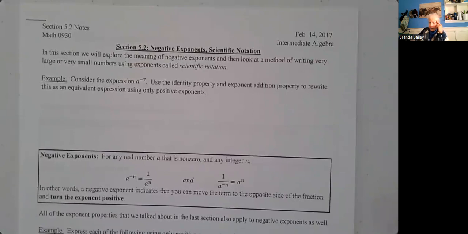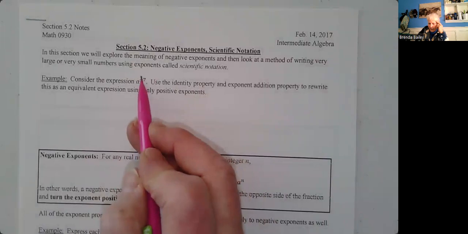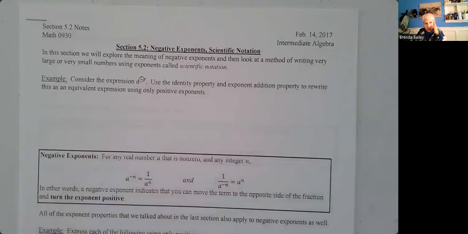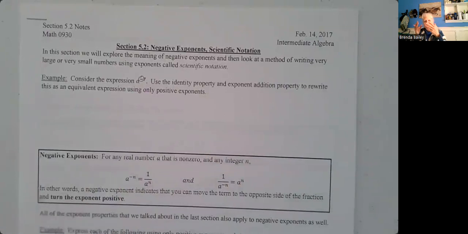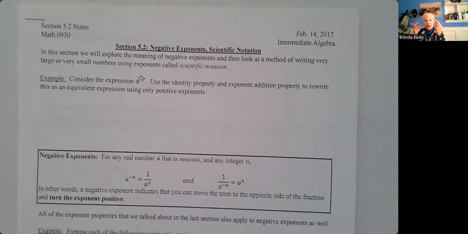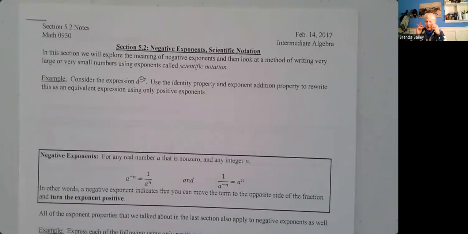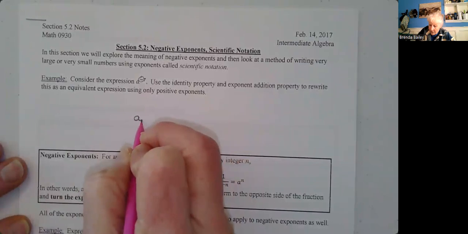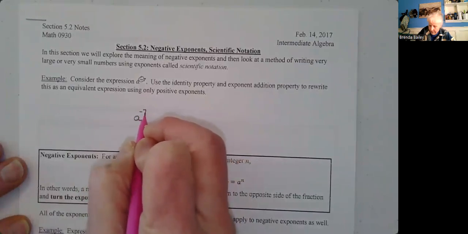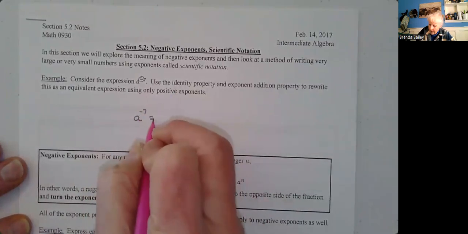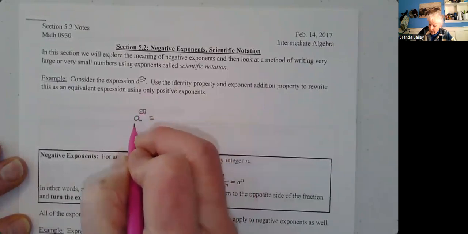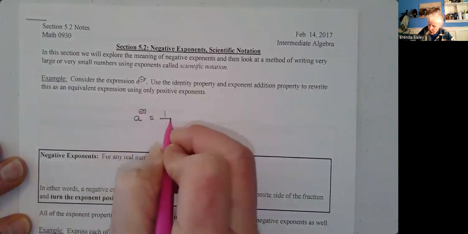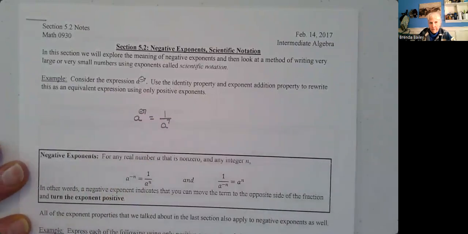Okay, so what happens here is that we have this negative exponent, and the negative exponent has a job. What it does is it changes the position of the base. So if I have, let's say, a to the -7, this is equal to, if it's negative in the numerator, you can change it to be positive by changing its position.